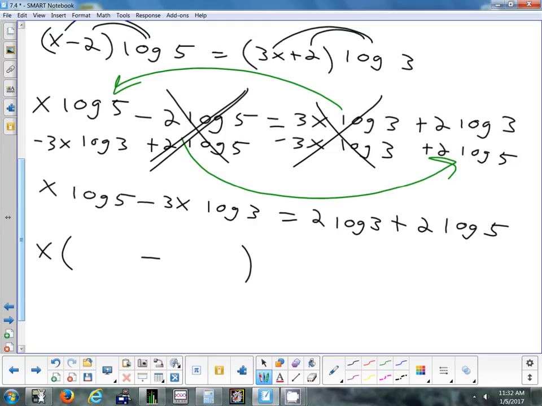What are you left with if you take the x out of the first term? Just log 5. What if you take the x out of the second term? So what am I not covering? Yep, negative 3 log 3. So now, I'm going to keep the right-hand side the same.